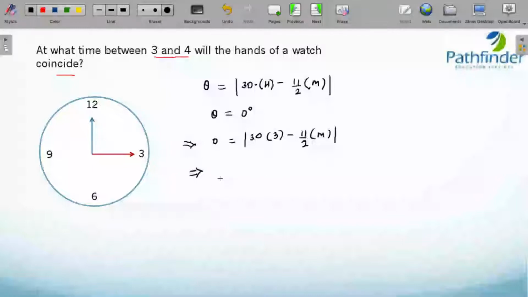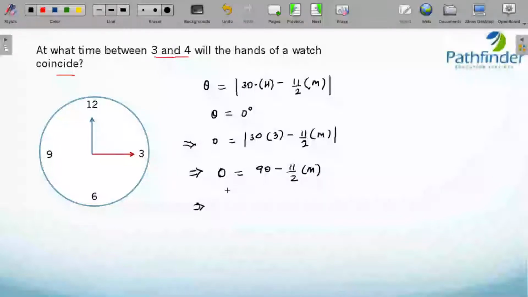In probably a later question, we will have to calculate first for the positive value of mod and for the negative value of mod. Here, I'll simply open the modulus bracket and say this is 30 into 3, 90 minus 11 by 2 times m.